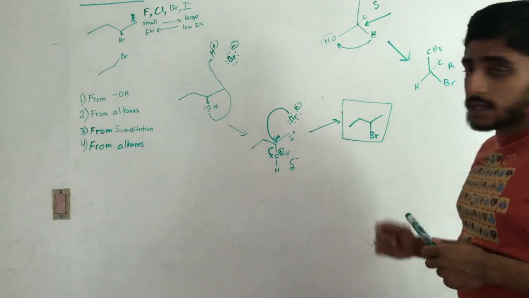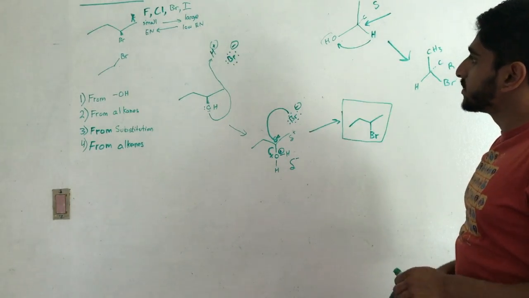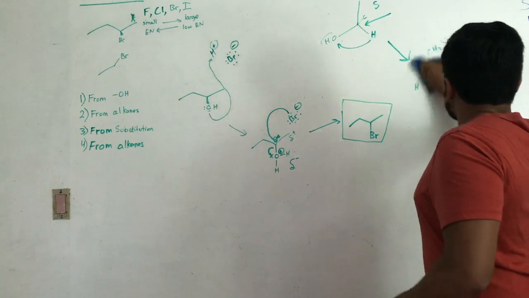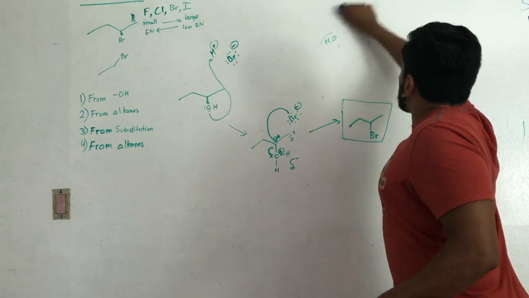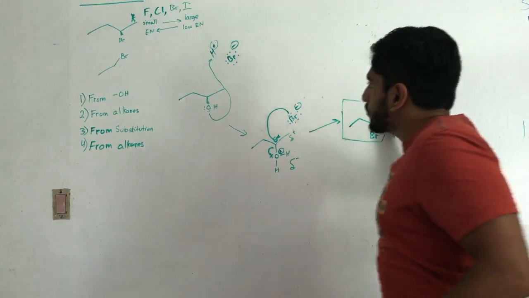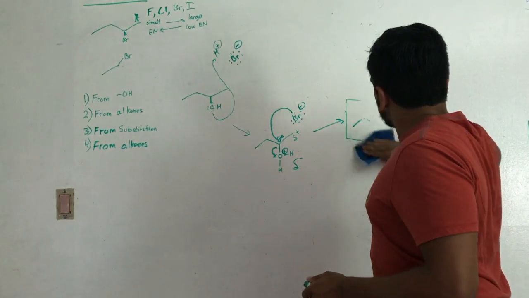So that's how you get to make haloalkanes from alcohols. So now let's go over the next mechanism: how do you make a haloalkane from an alkane itself?